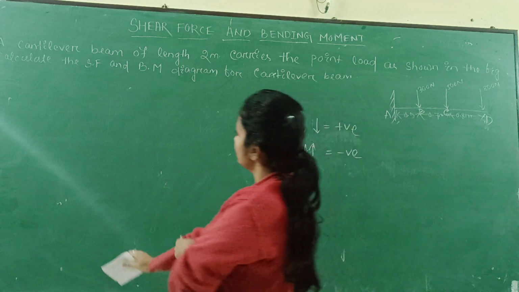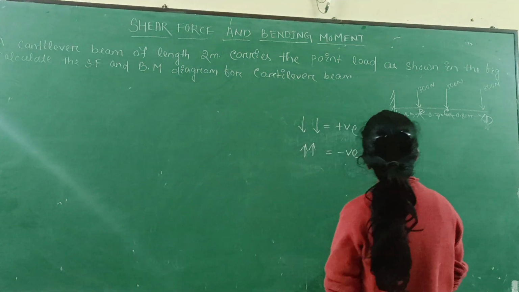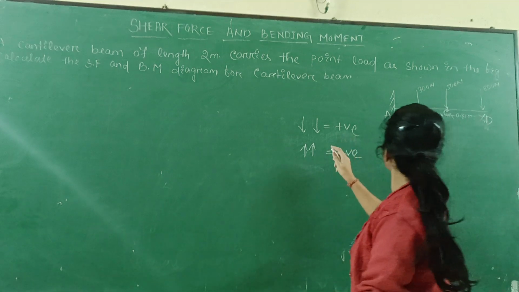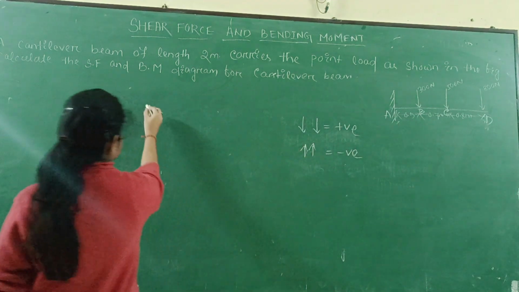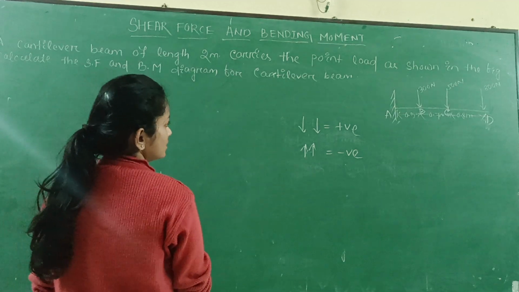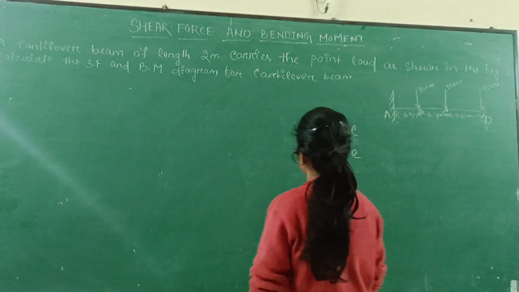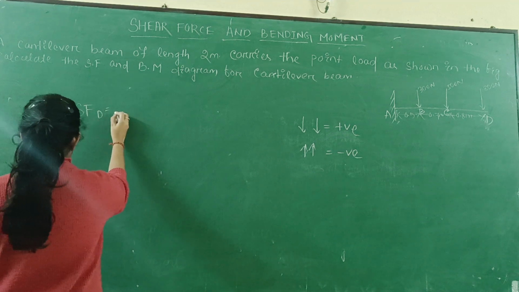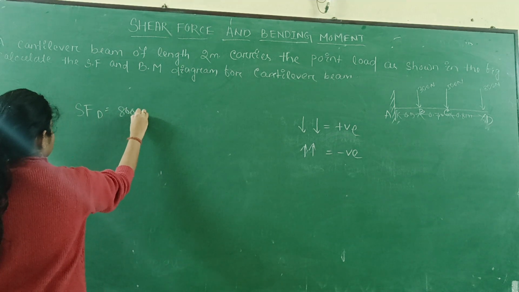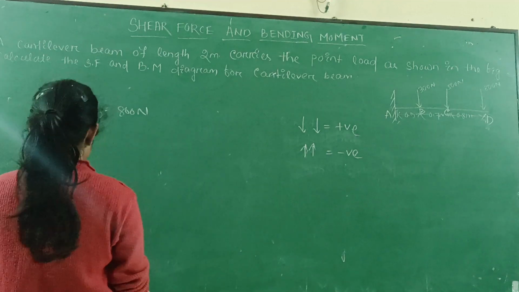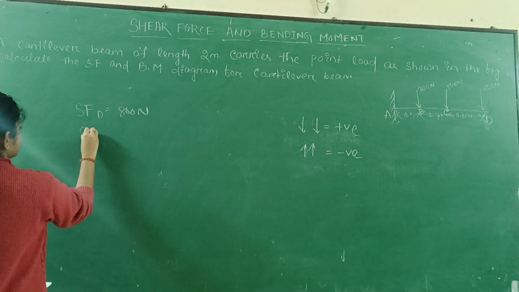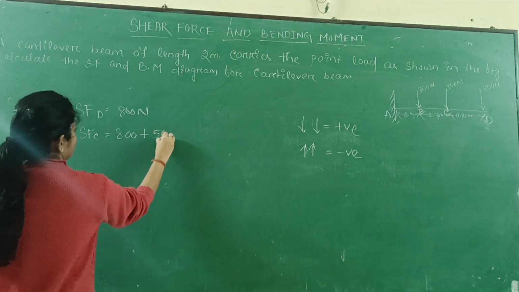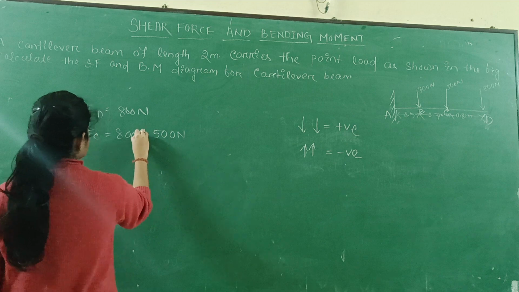Then first we have to calculate the shear force of this cantilever beam. The shear force at D is 800 Newton and the shear force at C is 800 plus 500 Newton.